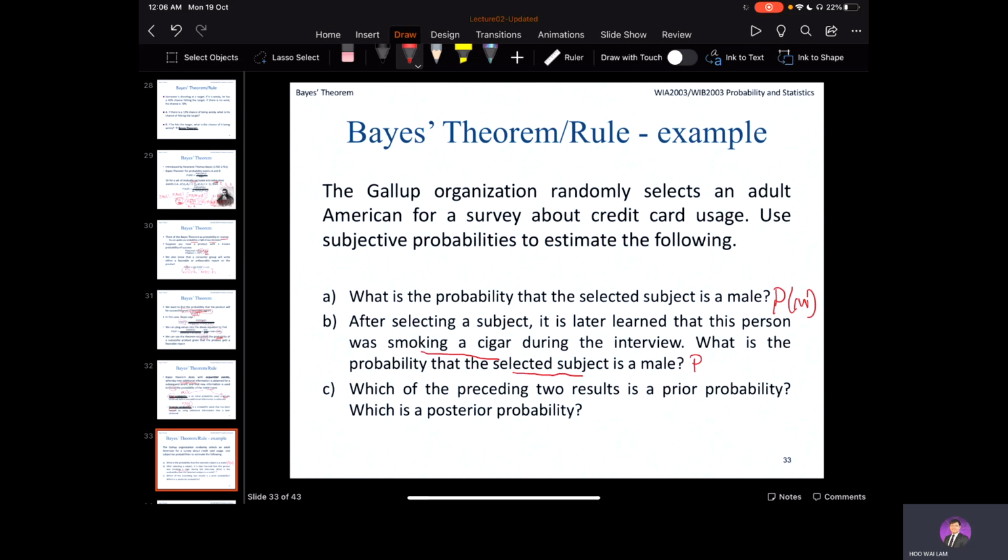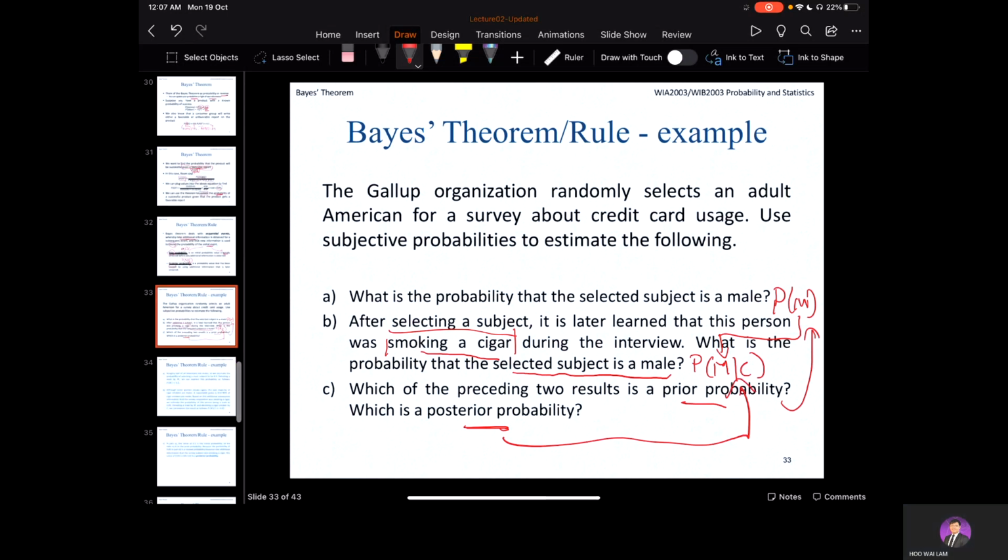The probability you are measuring is still male. But right now, you are getting extra information about smoking a cigar. That's why it becomes the probability of M given C. From the probability of M, it becomes M given C. So which one is prior and which one is posterior? Of course, the prior is this one because it's the initial probability, while the posterior is this one.